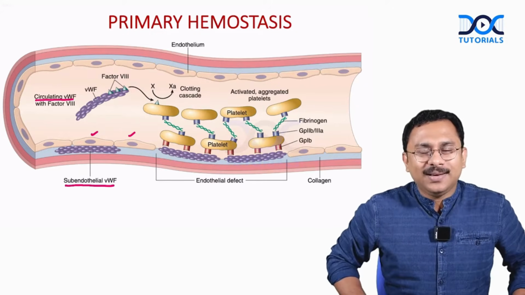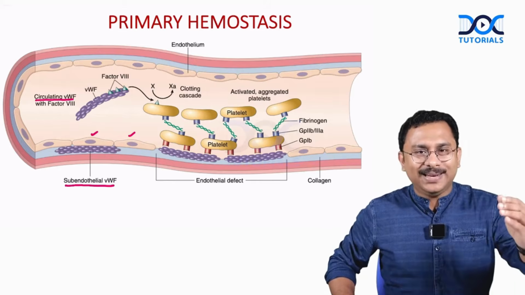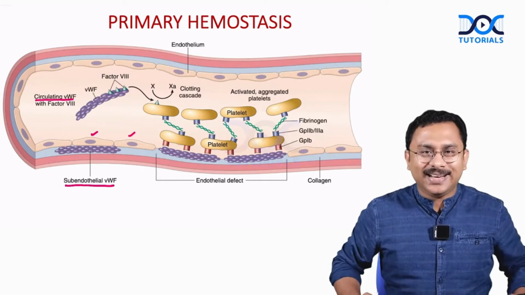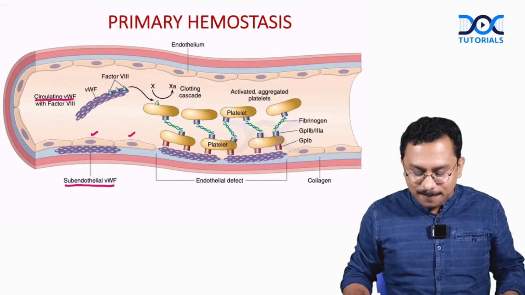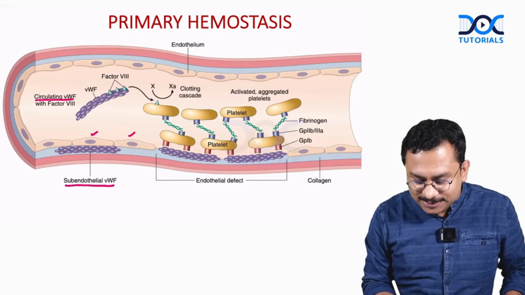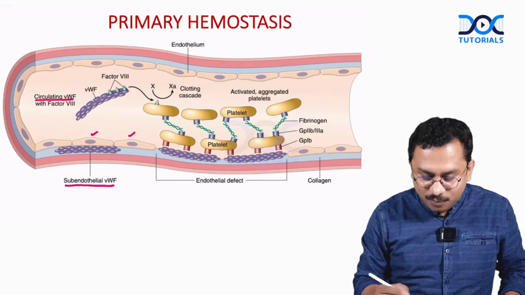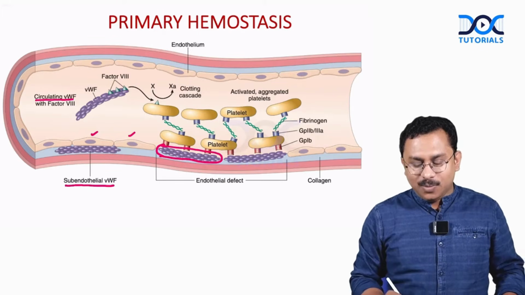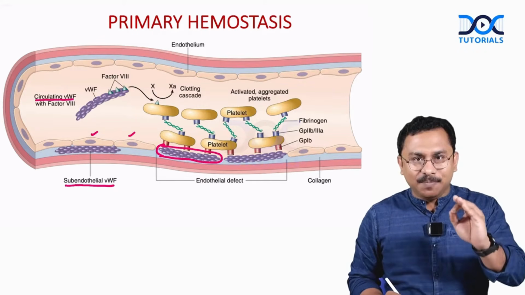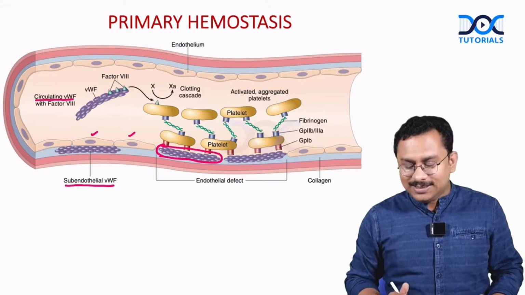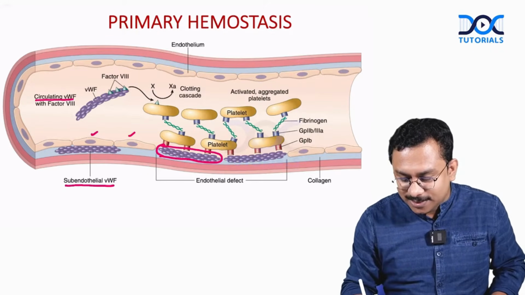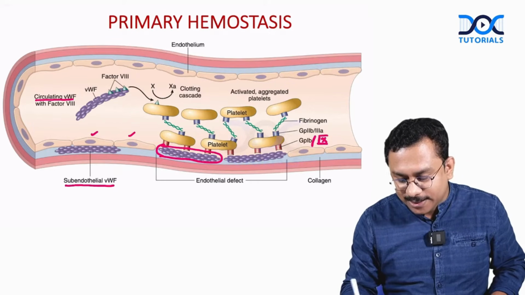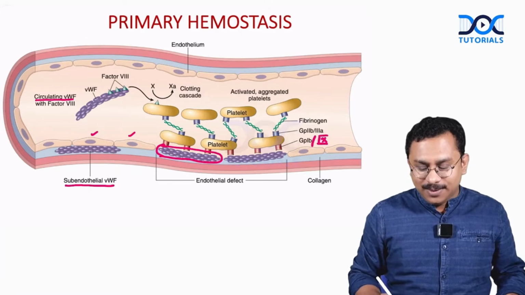Now what will happen? There will be an interaction of the platelets with the subendothelial collagen. So how is this interaction taking place? Now this is very interesting. You can see here, this is the subendothelial von Willebrand factor. On the surface of the platelets, there are various receptors, and you've got one receptor, the glycoprotein Ib-IX receptor, or GP Ib-IX.